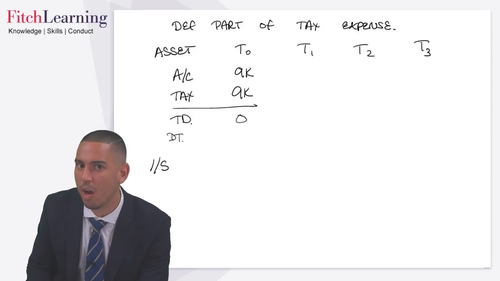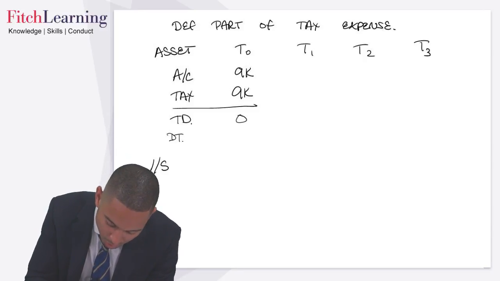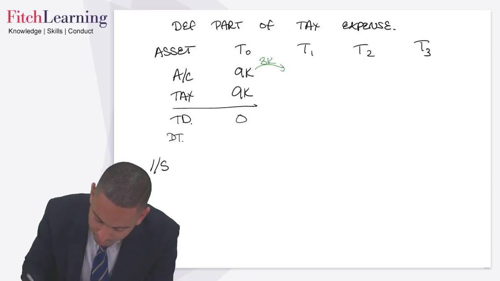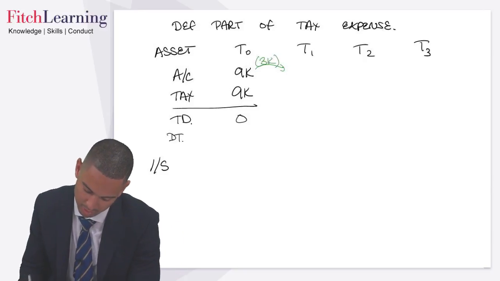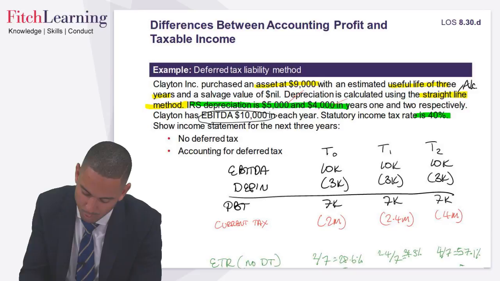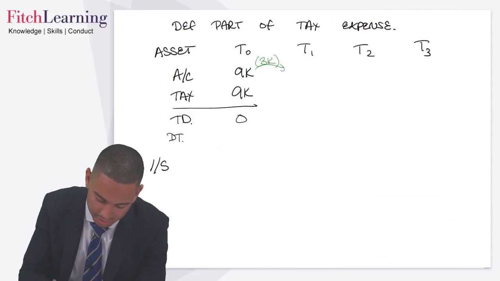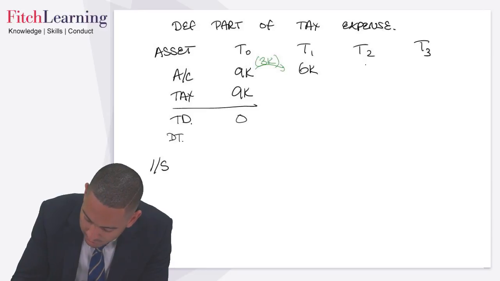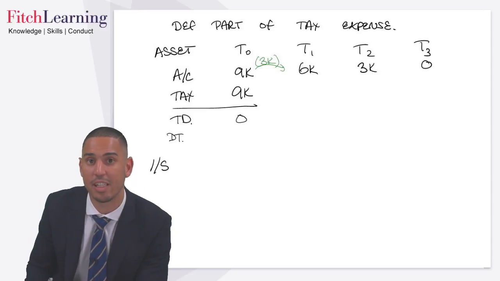But at T1, according to my accounts, I'm going to strip out, hopefully we remember the figures, I believe it was 3K of depreciation. Yes, it was. Straight line over 3 years. So this is going to drop down to 6K at T1. It's going to drop to 3K at T2. And it's going to be worth nothing at the end of T3.